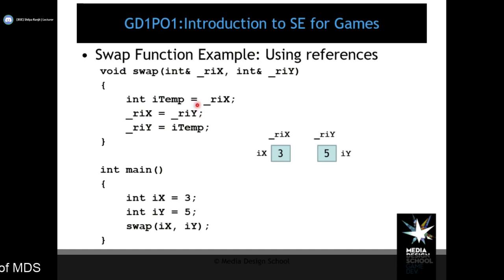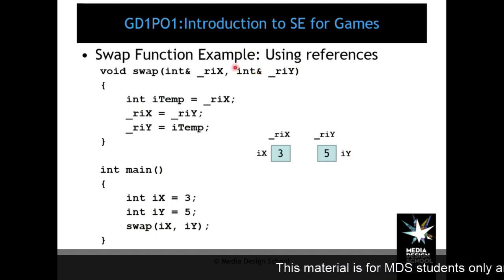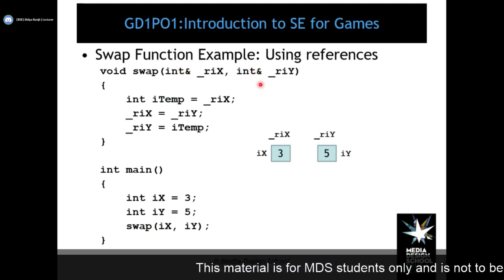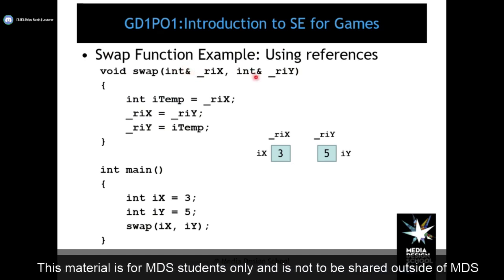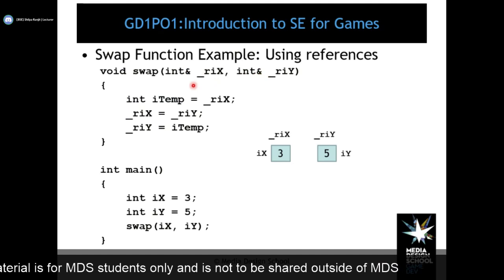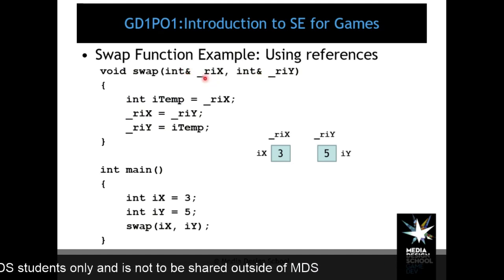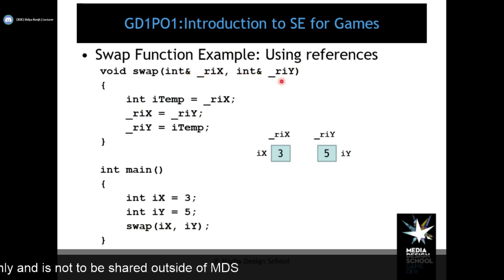So using references, the first thing you need to do is change the declaration type in the function prototype. So instead of int asterisk like the previous slide, you would have an int reference or int ampersand. All right, so I have int ampersand rix and int ampersand riy.